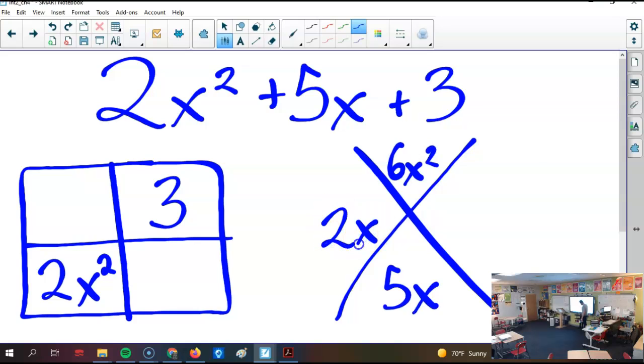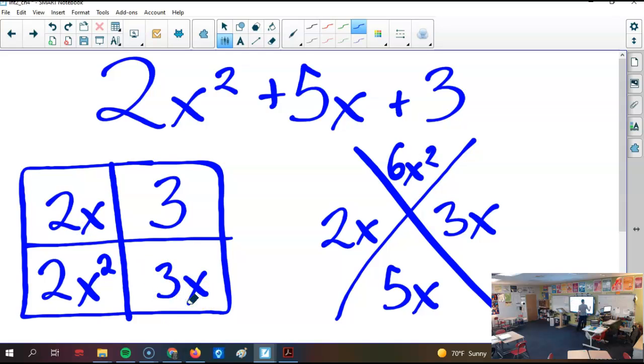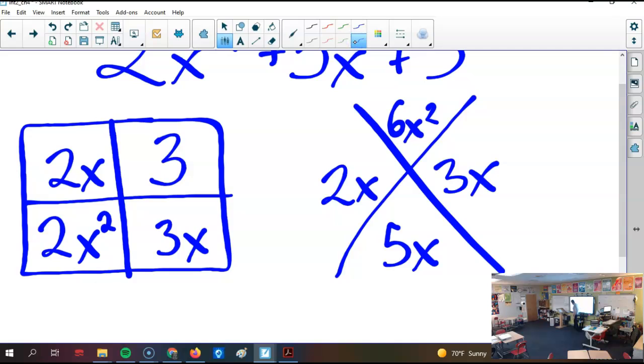Wait, so you said 2x and 3x then? Is that what goes here? Does it matter where I put the 2x and the 3x? Not really, because my other numbers can move around too. So then 2 probably goes here, with a 3 here, and then x and 1.